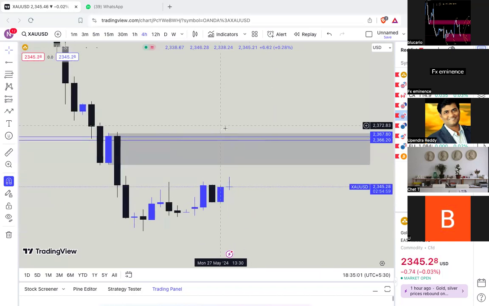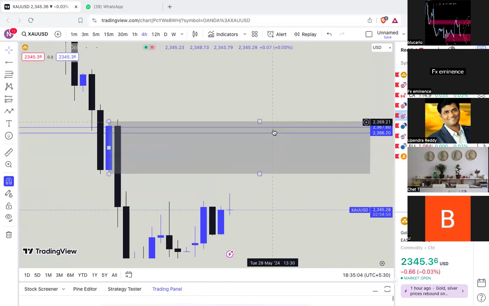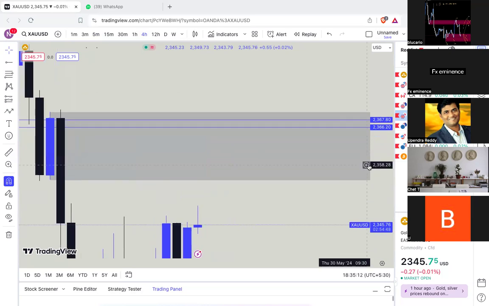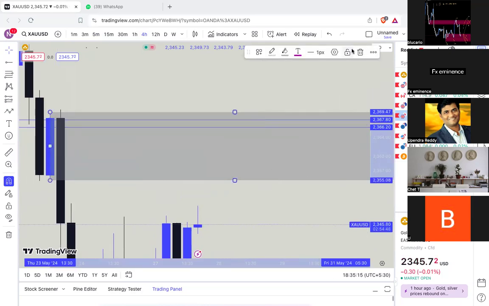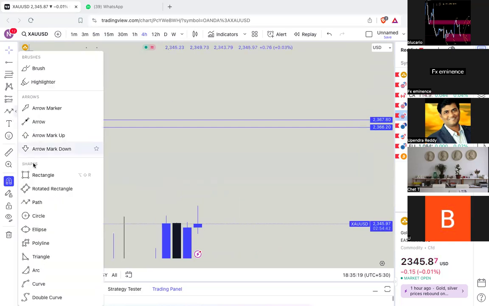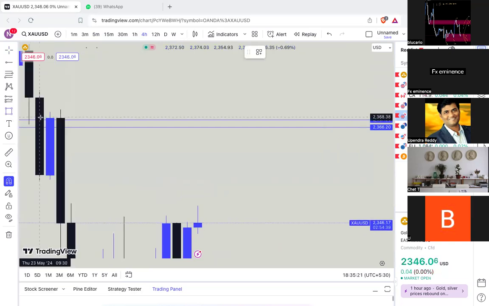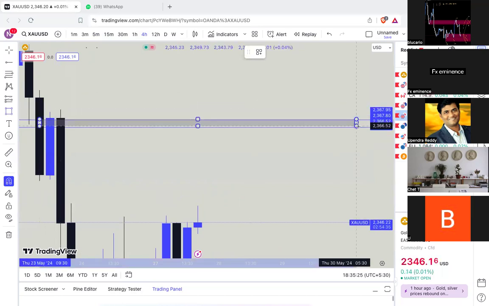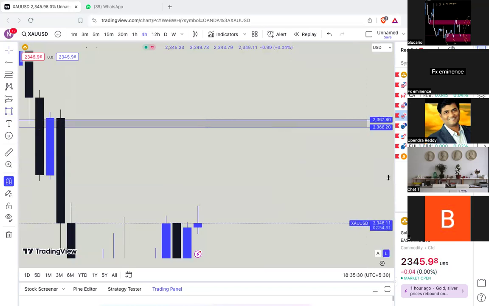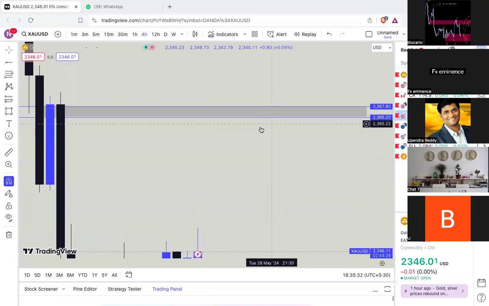When price reaches this level, monitor this level.